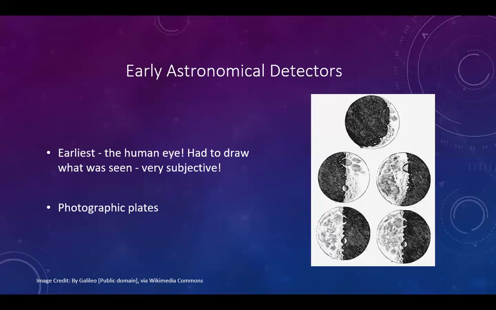So let's talk about how we detect light. So the earliest astronomical detector was the Mark I human eyeball. Well, probably not actually Mark I, but the human eye. You had to draw what you saw. And the problem with this is that it's very subjective, because not everybody makes a perfect drawing of exactly what they're seeing.